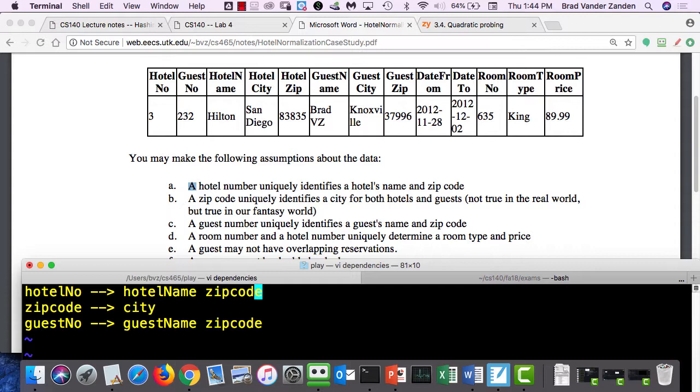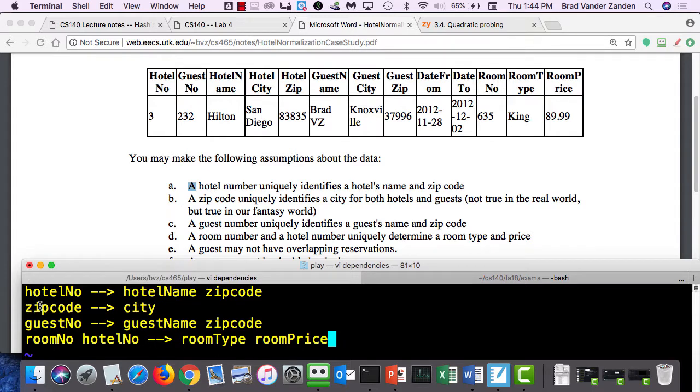You'll see. Okay. So on part D, we have a room number and a hotel number uniquely determine a room type and a price. Okay.